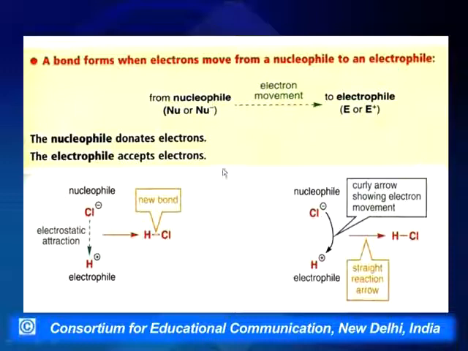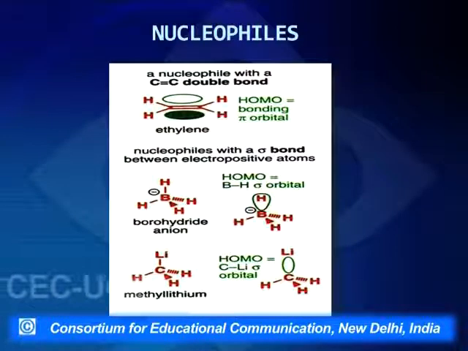And what do we get here? Because of the electrostatic attraction between the nucleophile and the electrophile, and the flow of electrons to the H plus, which is acting as an electrophile, we get a new sigma bond here, that is, the bond in HCl. Similarly, in this also we have again shown the flow of electrons from the nucleophile to the electrophile.